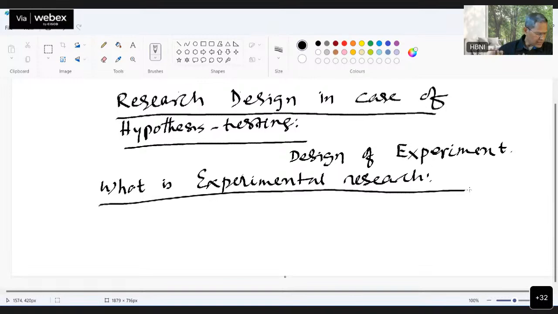That's what the experiment is. And experimental research is good because it can be replicated. Your experiment, what you have done, anybody can do, and we should get the same result. That makes us more confident.